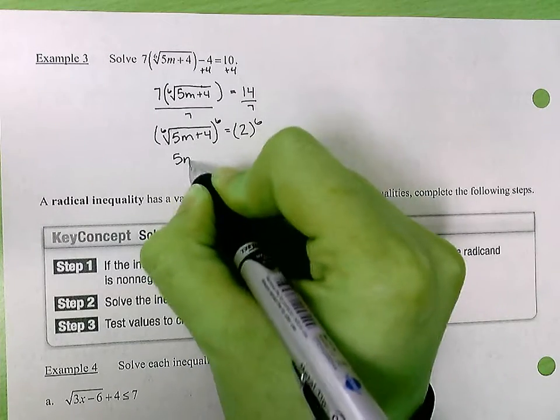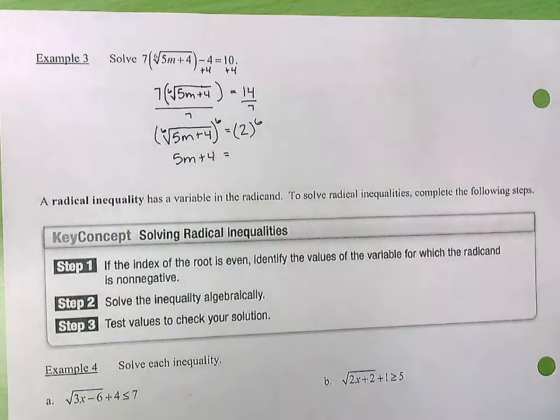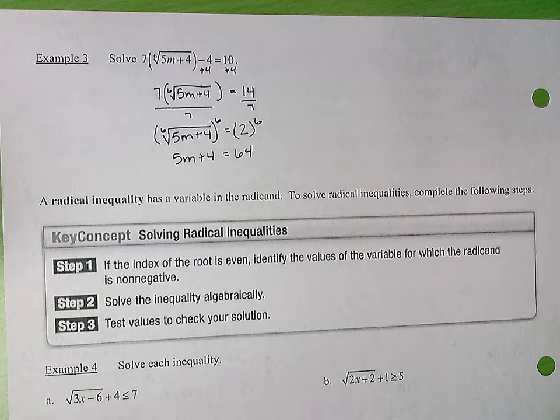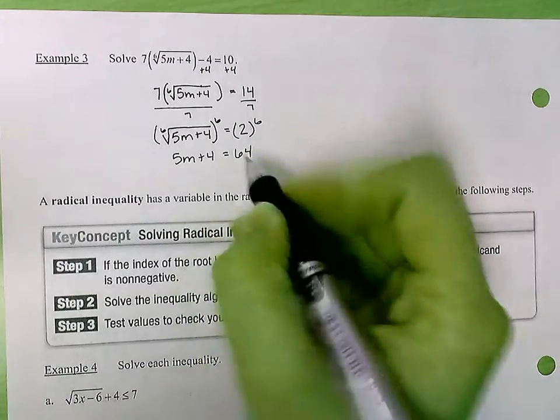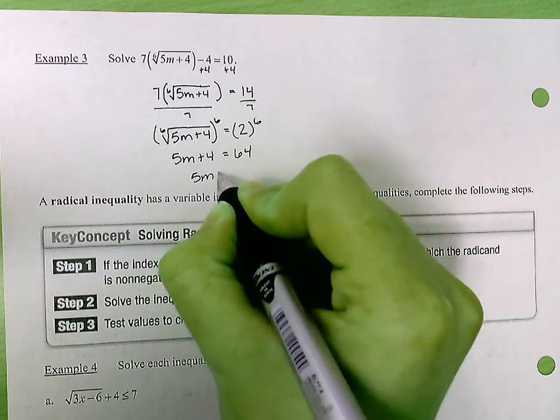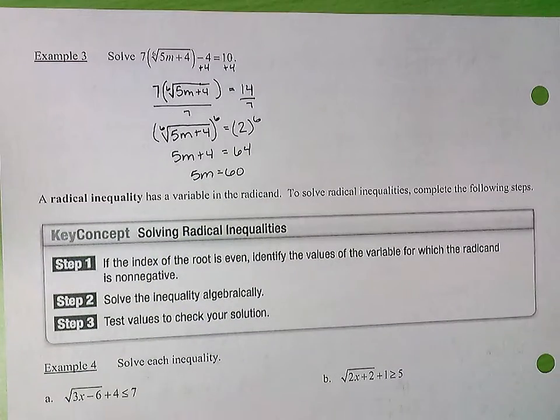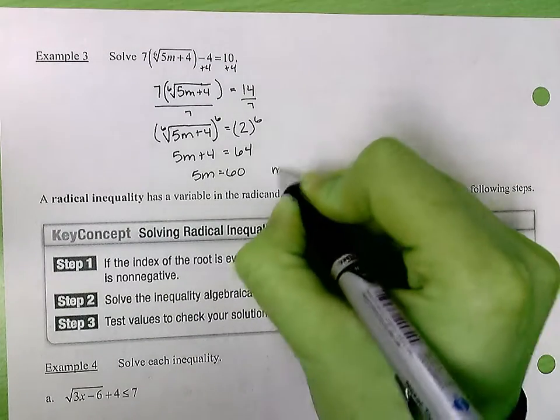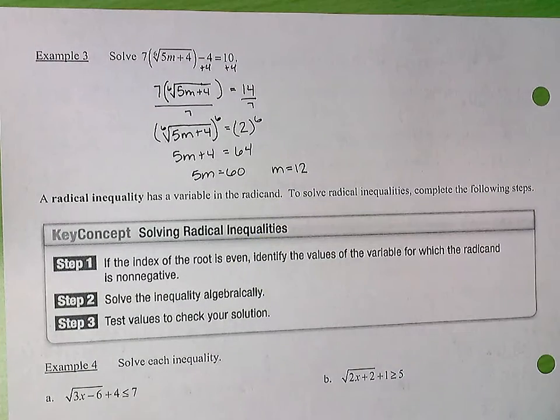So you end up with 5m plus 4 is equal to 64. 2 to the power of 6 is 64. Subtract 4. So we have 5m is equal to 60. M is equal to 12.